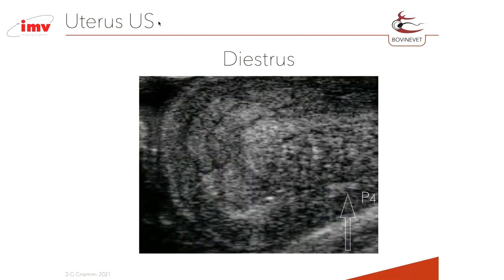Well, during the diestrus, the level of progesterone increases a lot. So the corpus luteum size increases, and the growth rate of the corpus luteum is very, very high between day 5 and day 10. Then it is still growing, but very slowly.